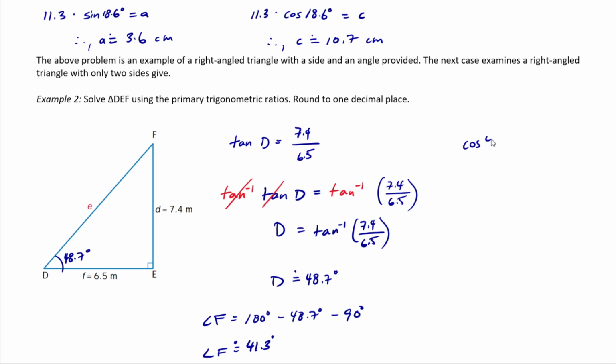So cosine 48.7 degrees is equal to adjacent over hypotenuse, so 6.5 over E. I need to get E by itself, so I'm going to multiply both sides by E, and then divide both sides by cos 48.7.